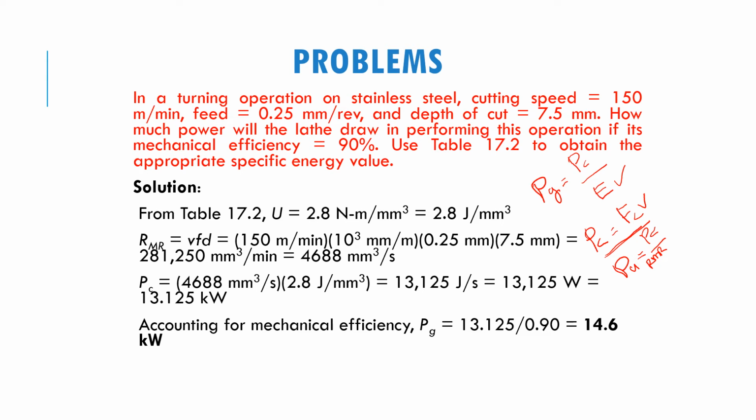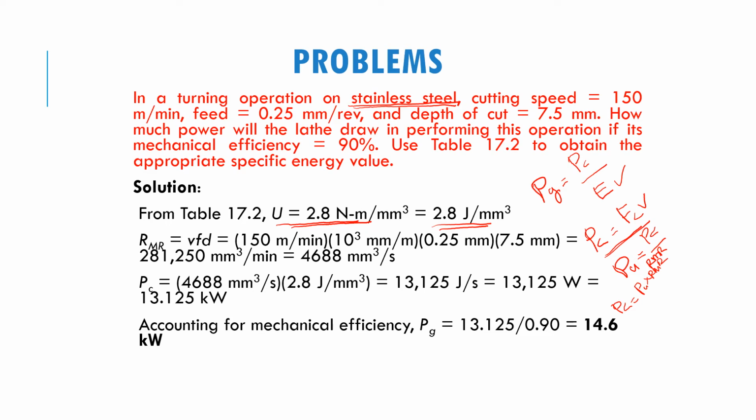So PC equals PU times RMR. Now what we don't have here is PU. You can check inside the table, because this material is given, right? Stainless steel. You can refer back. The value is already given. U is equal to 2.8 Newton meter over mm cubed, or 2.8 joule per mm cubed.